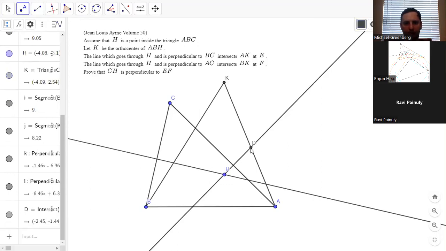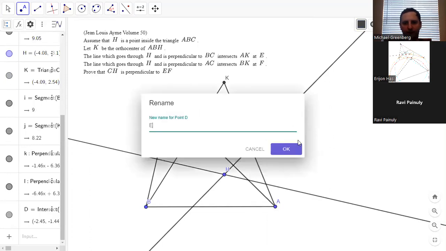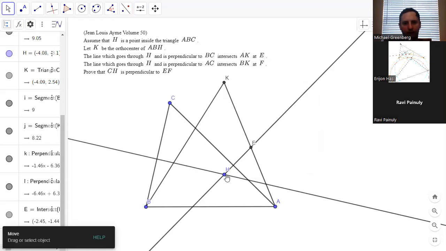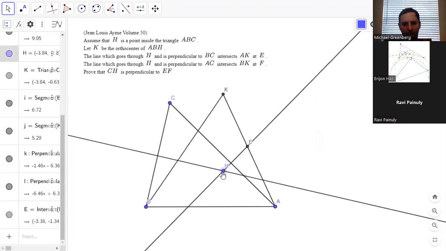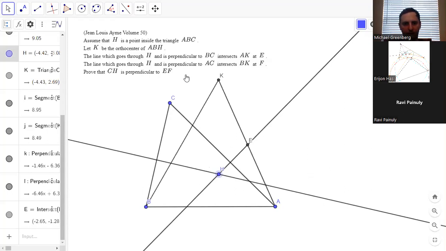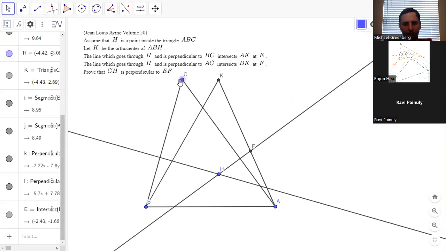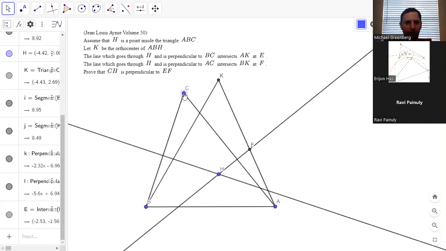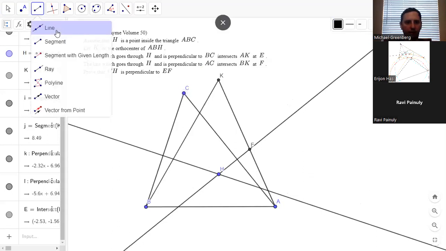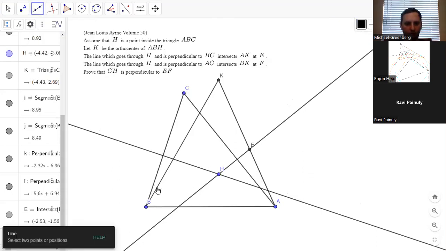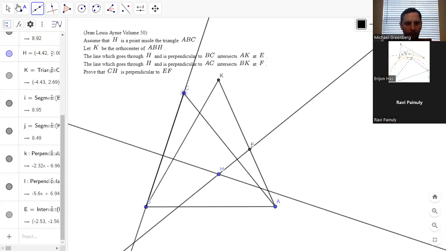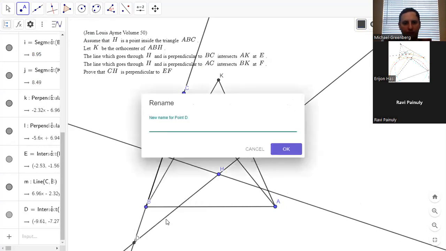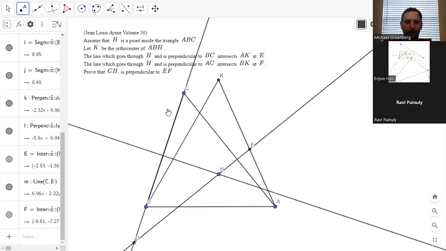So this intersects AK at E. And the other one, let's see if I can get it to intersect the side BK. Is that possible? I think it might be impossible. I might have to draw line BC. So this will be F. And we want to show that CH is perpendicular to EF.